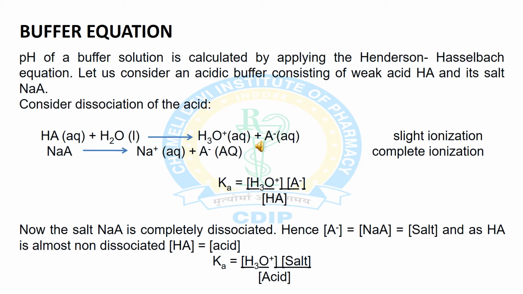The equilibrium constant for that reaction will be the concentration of H3O+ ion times the concentration of A- ion upon the concentration of HA. Now, when the salt is completely dissociated, the concentration of A- ion will be equal to the concentration of salt, and when HA is completely non-dissociated, that is the concentration of acid, the equation can be written as Ka equals hydronium ion concentration times salt concentration upon concentration of acid.